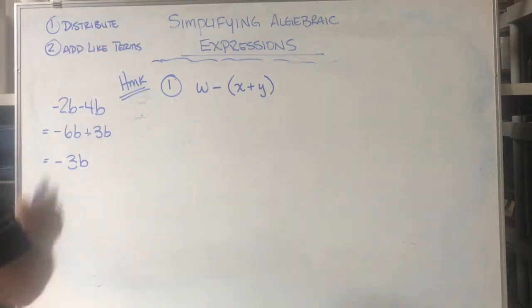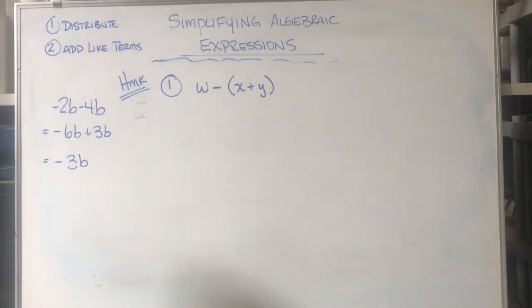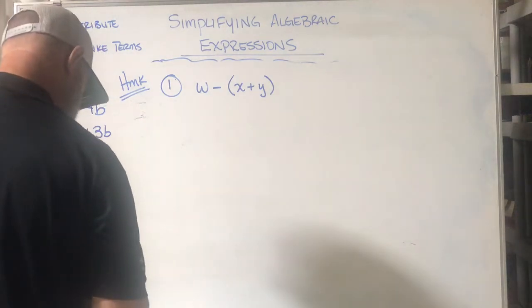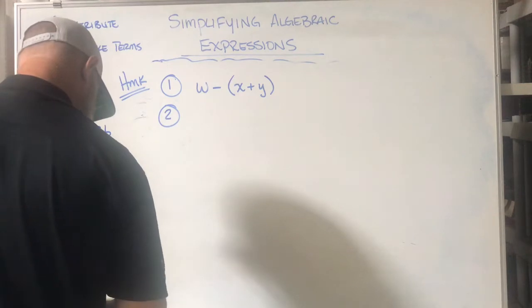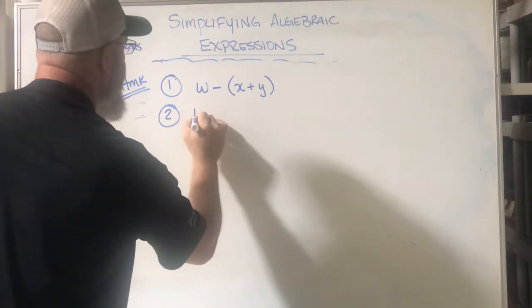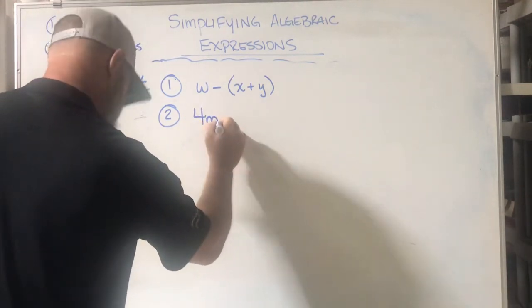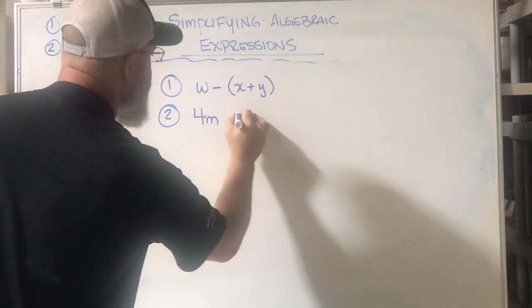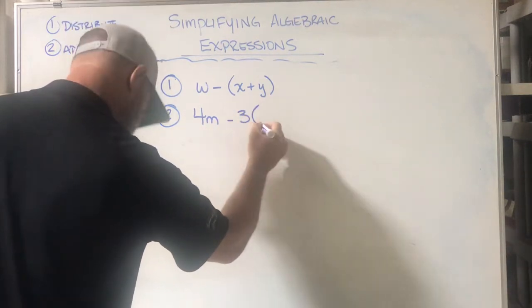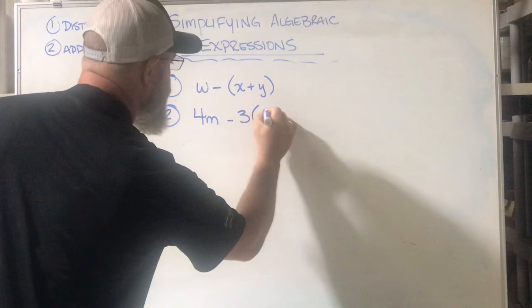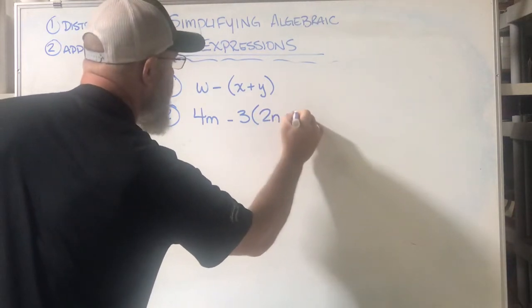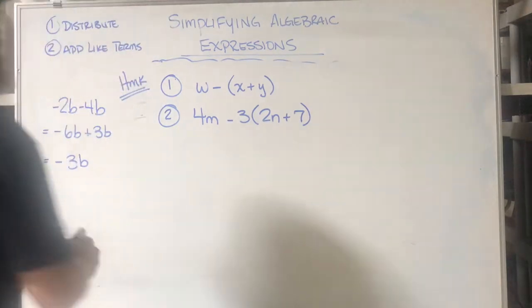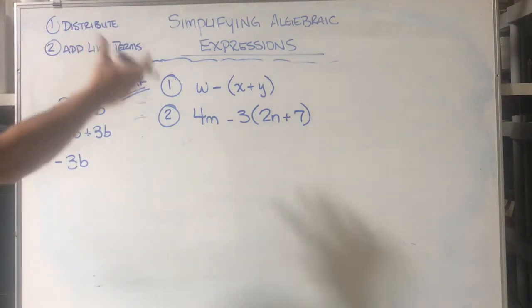I want you to simplify that algebraic expression. Your next one will be 4m minus 3 times 2n plus 7. All right, so I want you to fully simplify that.